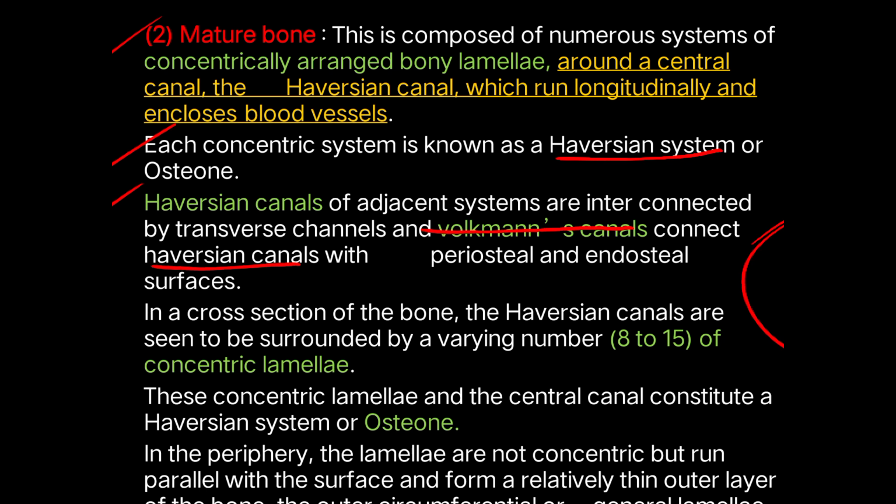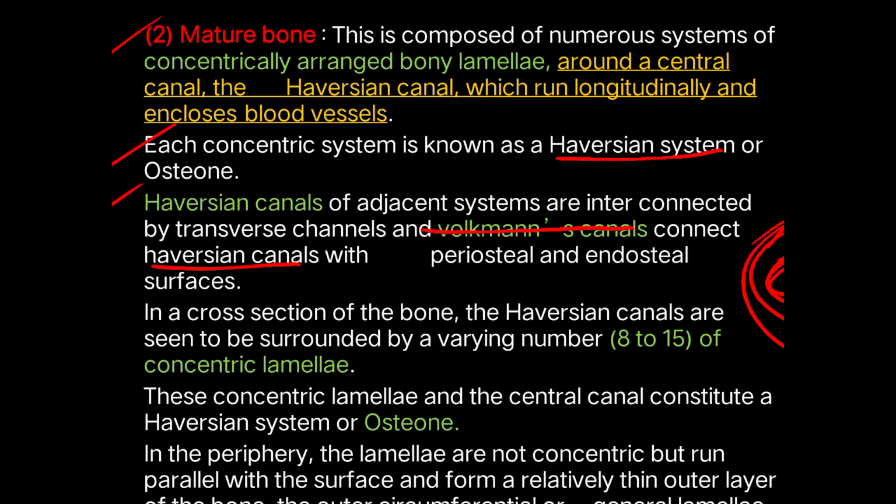Suppose this is a bone in section; along the length Haversian canals are found, and in a parallel way these Volkmann canals are found to connect these lamellae.